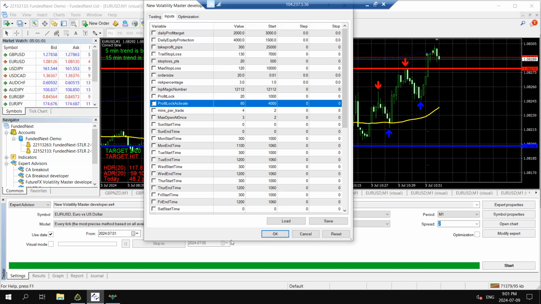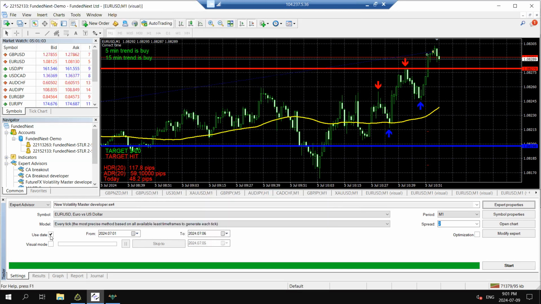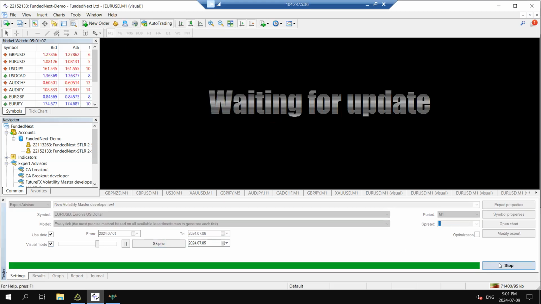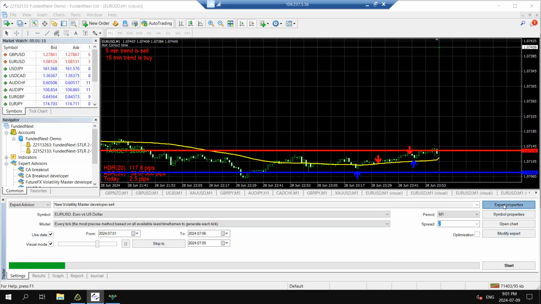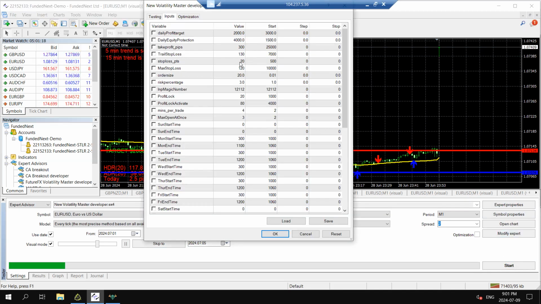And now I'm going to just start it so that it tells me what lot size I should use now to accrue the same 3% risk. Now it's saying I should use 25. So I'll adjust my order size to 25.